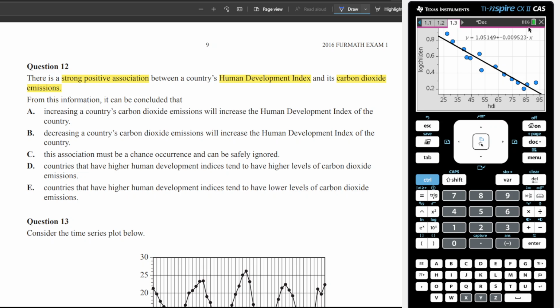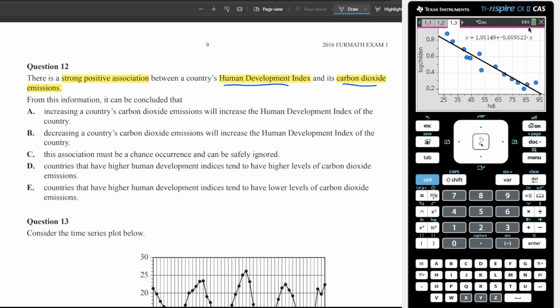Well, a positive association would be saying that an increase in HDI would result in an increase in carbon dioxide. But then we need to talk about explanatory and response. The HDI would presumably be the explanatory, and the carbon dioxide would presumably be the response. So let's come back to that.